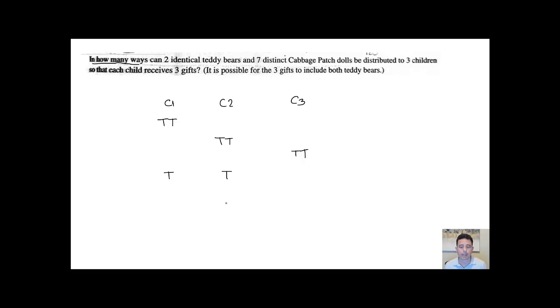Another would be 1 teddy bear here, another here, and another possibility would be 1 teddy bear here and here, right? So a total of 6. So you do the distribution of the identical elements, and that we know how to do, and we know how many they are, right?